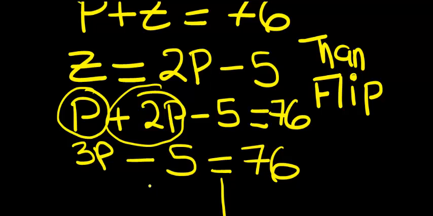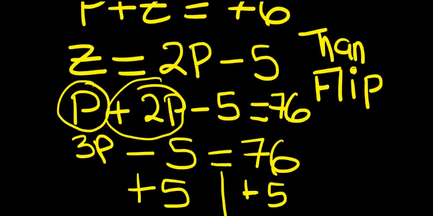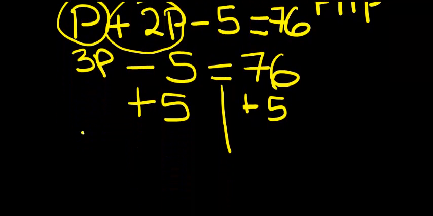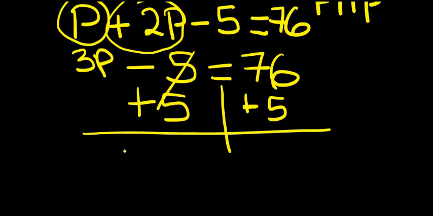So I'm going to add 5 to each side of the equation, a positive 5 and a positive 5, because whatever I do to the left-hand side, I have to do to the right-hand side. This will go down to 0. So that tells me that 3P is equal to 81.